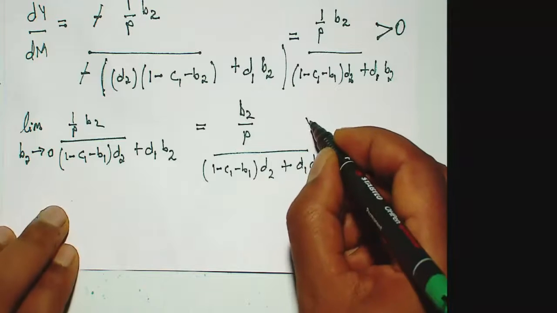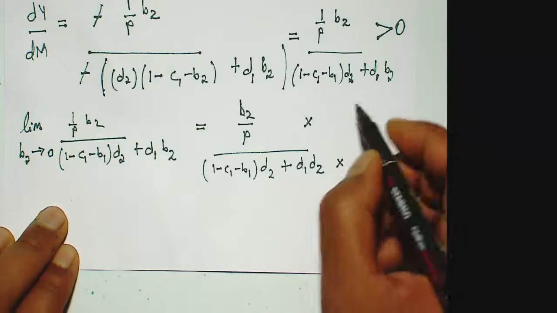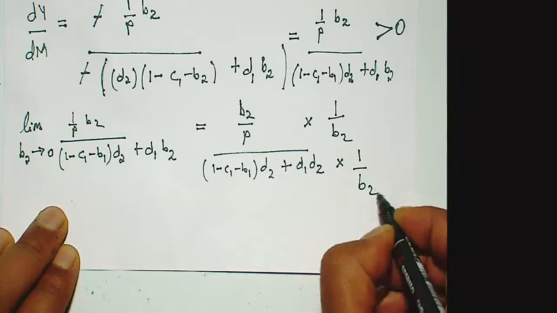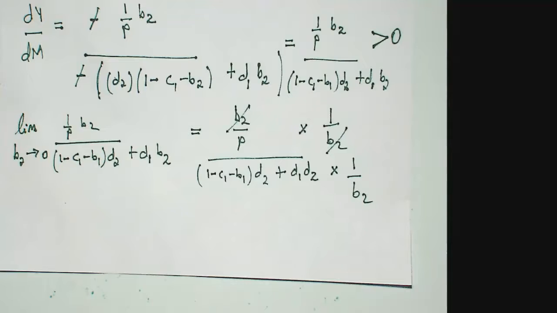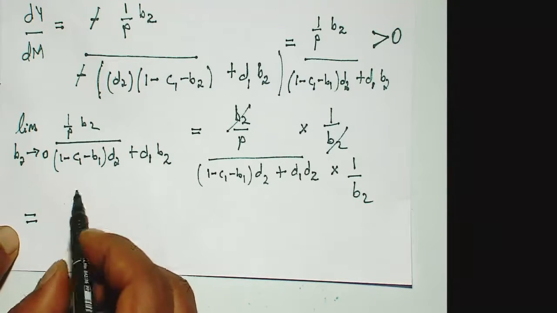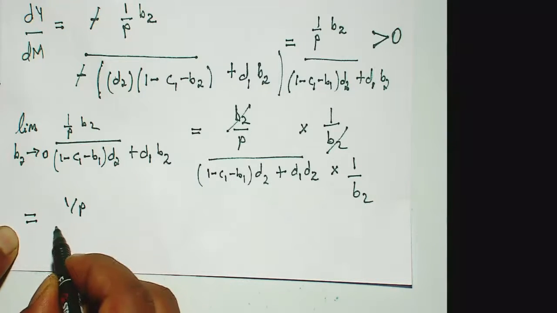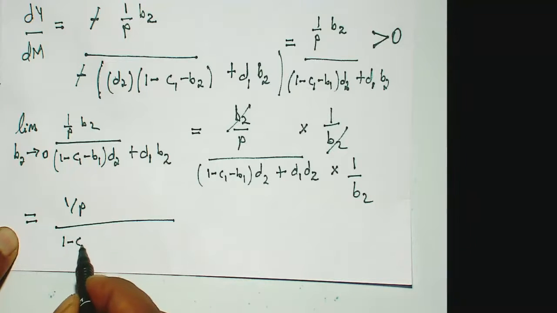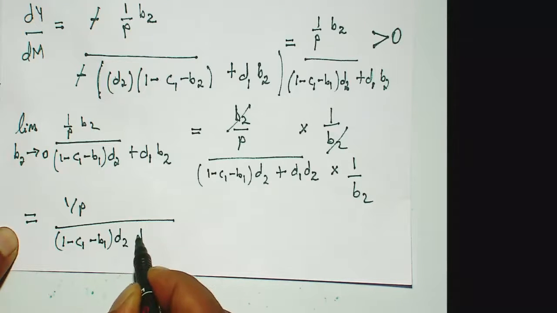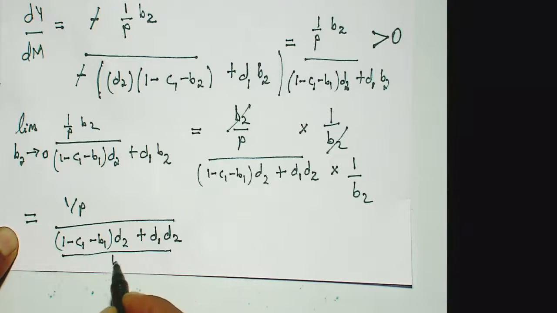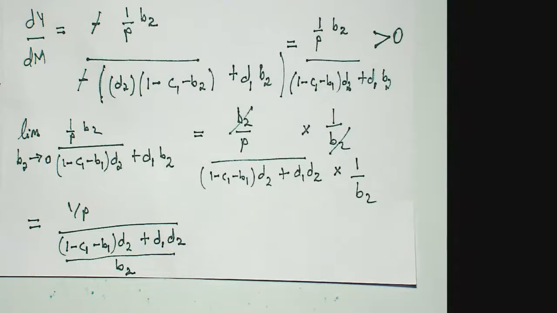So if I multiply both the denominator and the numerator by 1 over b2, my b2 would cancel out from the numerator, and I would have a formula which looks like 1 over p divided by 1 minus c1 minus b1 multiplied by d2 plus d1 multiplied by d2 divided by b2.